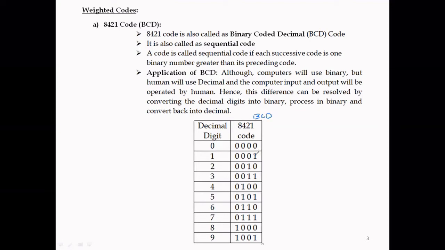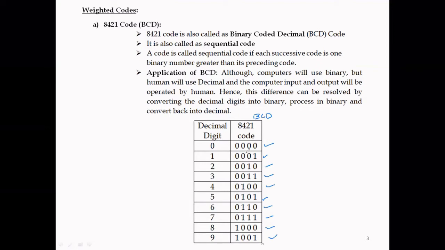Four bits are taken: 2 power 0, 2 power 1, 2 power 2, 2 power 3. So 0 means 0000, 1 means 0001, 2 means 0010, and so on up to 7 means 0111. 8 means 1000, 9 means 1001.